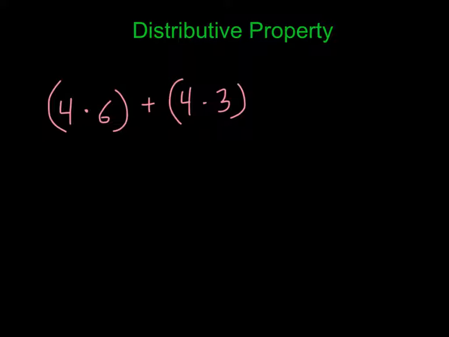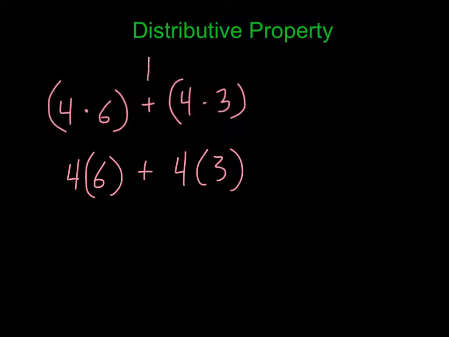Here's another example of how the distributive property works. Here I have 4 times 6 plus 4 times 3. Another way I could write this would be 4 times 6, just with parentheses, plus, or and, 4 times 3. Remember, anytime you see a plus sign, that's just saying and.